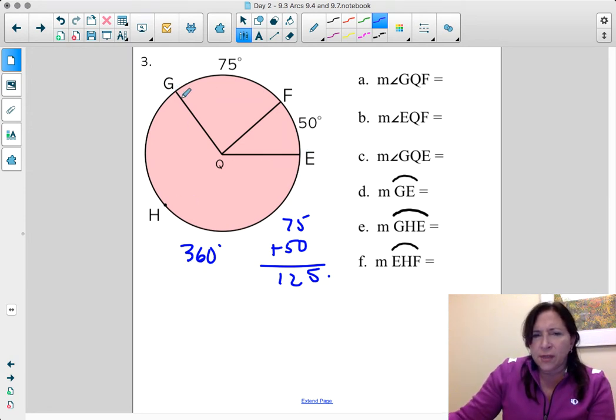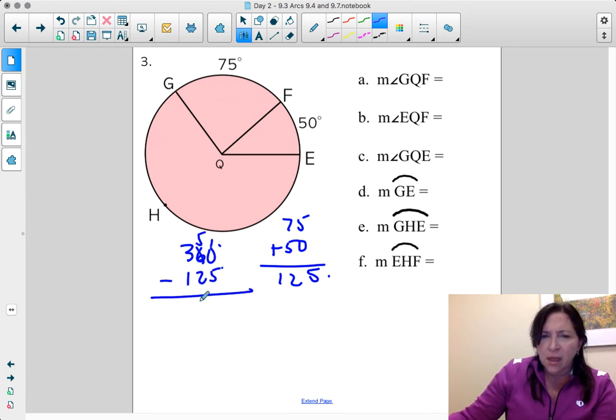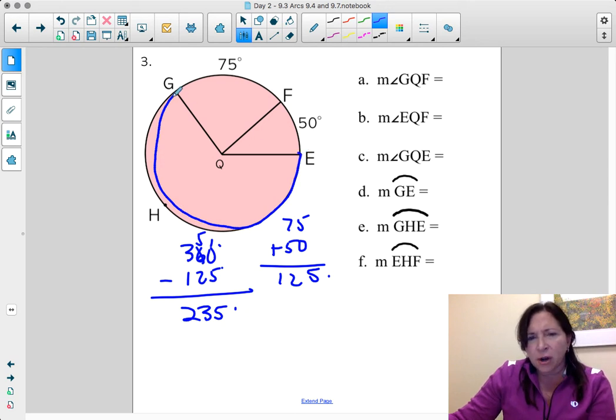We then subtract 125 degrees from 360 and we have 235 degrees. So from here all the way around to here is 235 degrees. That's actually arc GHE, so GHE is 235 degrees.